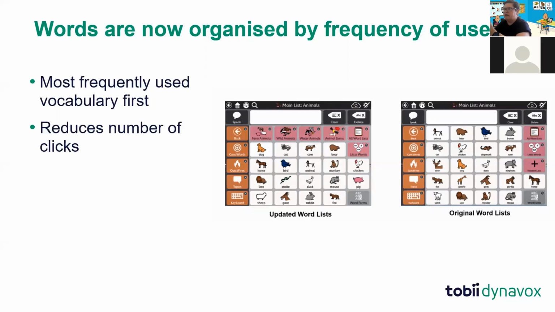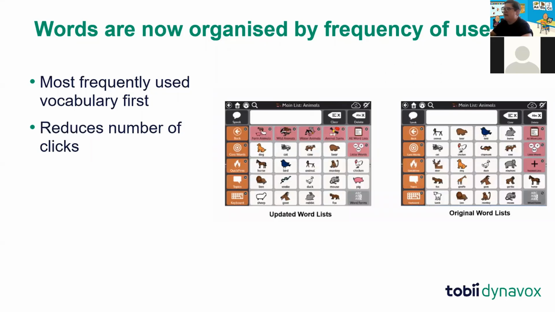Quite importantly, as a result of this, this does reduce the amount of clicks that you need to get to it. So if you imagine that example of yogurt, because you're not having to scroll down to the bottom, it's reducing that amount of navigation that you're having to do. So what this actually does is it improves the access for the user.